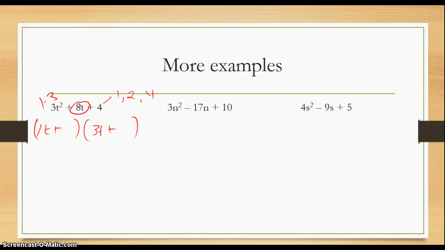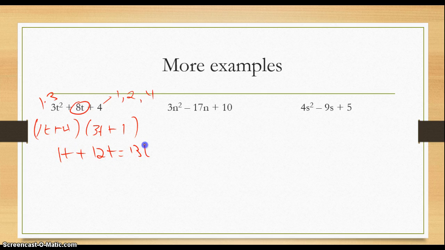So in your head, you could start plugging numbers in. 1 and 4. Okay, we got 4t and 3t. Gives me 7t. Doesn't work out. If I flip-flop these, I put a 4 here, put a 1 here. I'm left with 1t plus 12t.